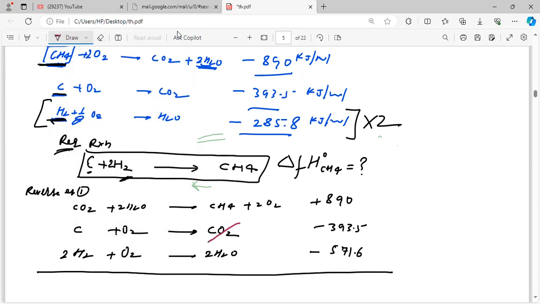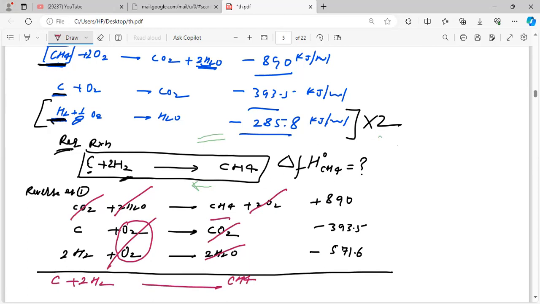CO2 is not required, so CO2 on the left side and CO2 on the right side cancel out. 2H2O on the left side and 2H2O on the right side also cancel out. So what is left here? Carbon plus 2H2 gives CH4 on this side.